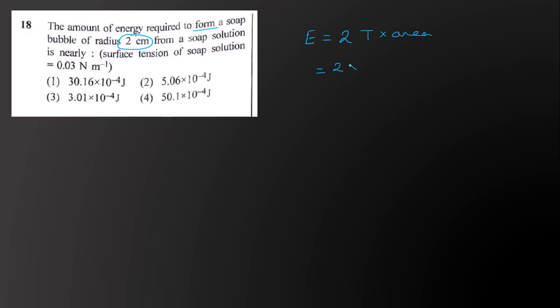So 2 into 0.03, the surface tension, multiplied by the area, 4 pi r square. 2 into 3 into 10 power minus 2 into 4 into 3.14 into 2 square, so this will be 4 into 10 power minus 4. And if we solve it, I think the answer should come as option number 3, the approximate answer.